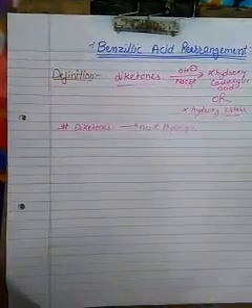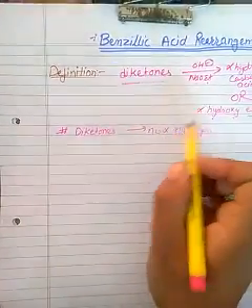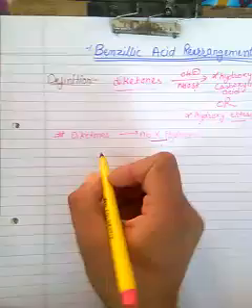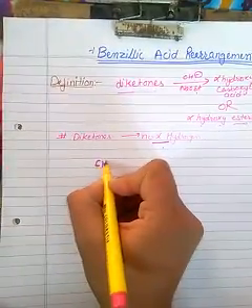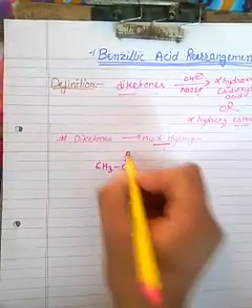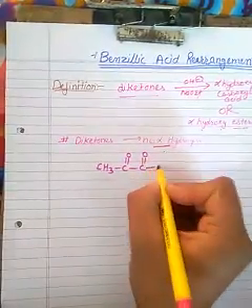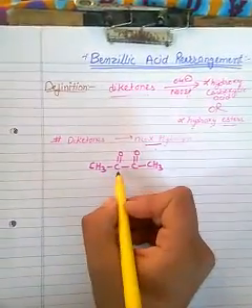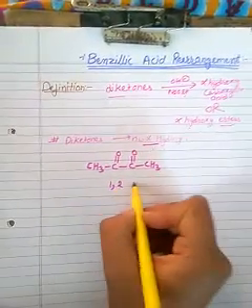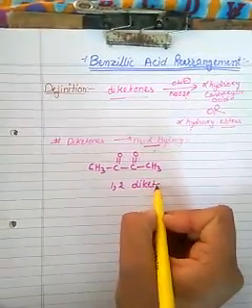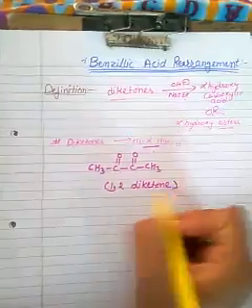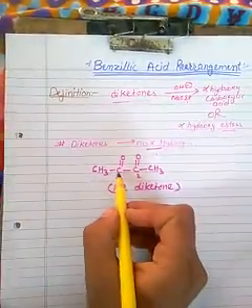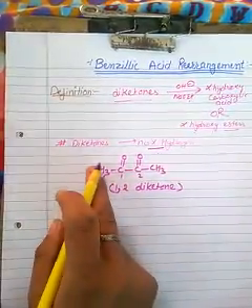This is the essential condition for the reaction to occur as benzilic acid rearrangement, because if the diketone taken has alpha hydrogen, for example, this is an example of a diketone having alpha hydrogen. As you see, this is a 1,2 diketone, and the alpha position is this, so the alpha carbon has 3 hydrogens.